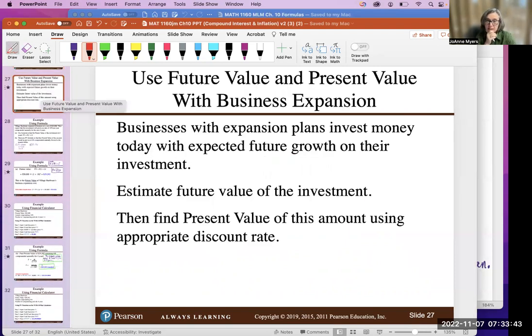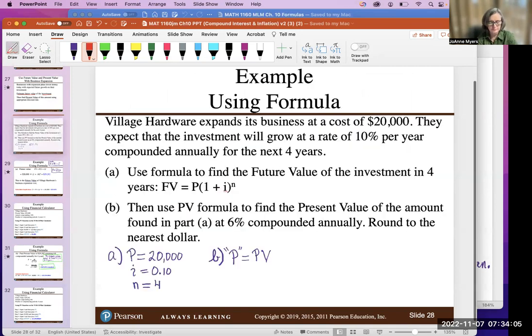Next example. If the business is expanding and it wants to invest money today with an expected growth goal in the future, estimate the future value of the investment. Then find the present value using your discount rate.